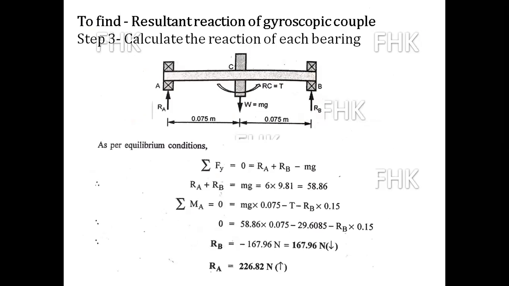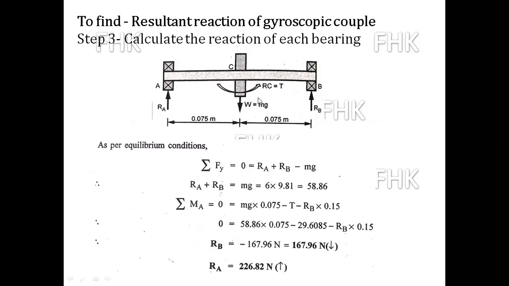Now come to the actual problem statement, which is asked: calculate the reaction of each bearing. Now this is the rotor, these are two bearings, and the axle is rotating in the bearings. We have to find out the reaction at A and the reaction at B. The weight of the rotor is given. Weight is equal to mass into gravitational acceleration.